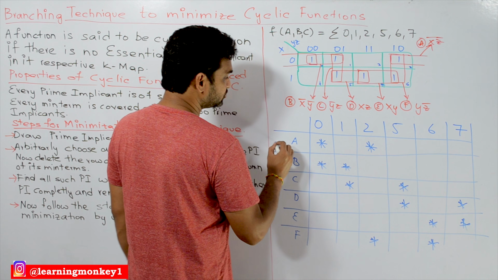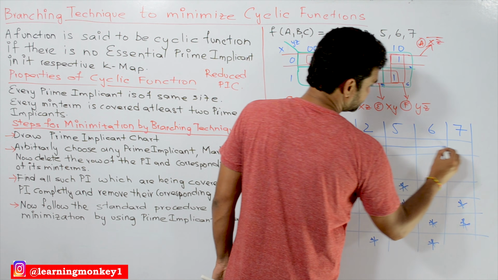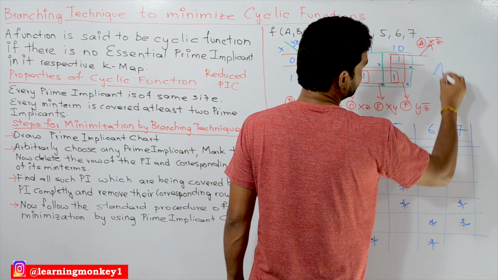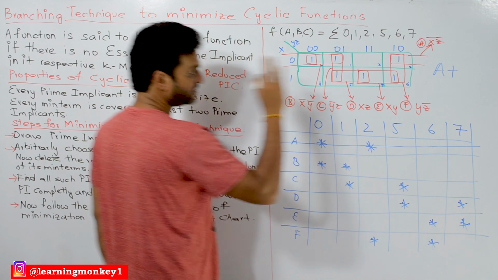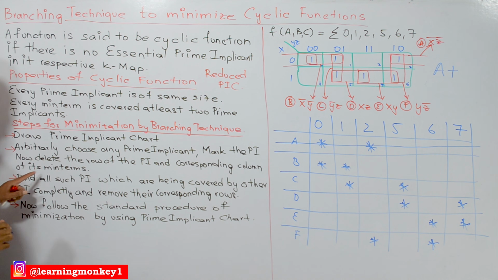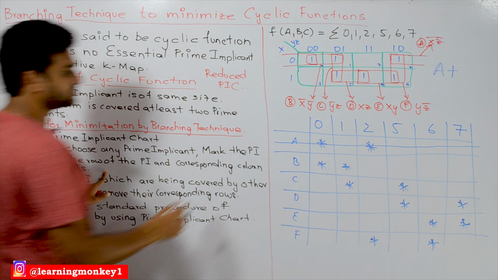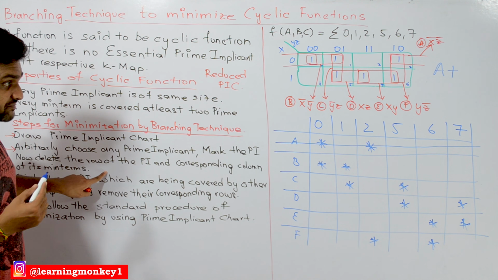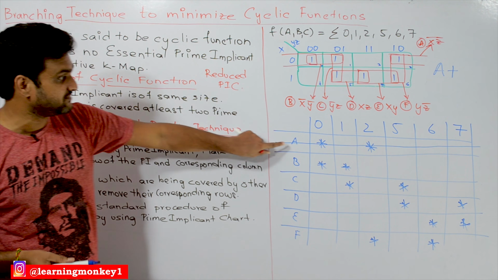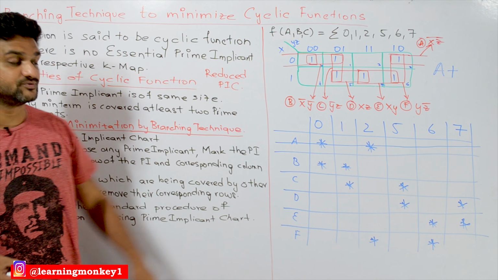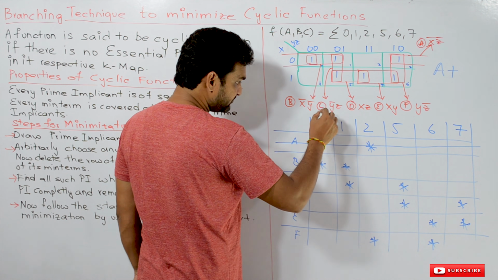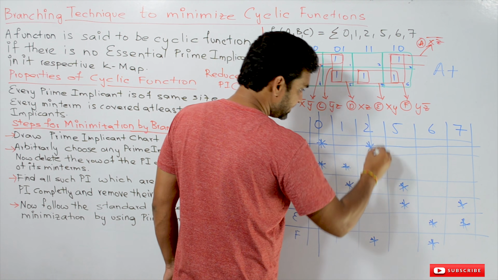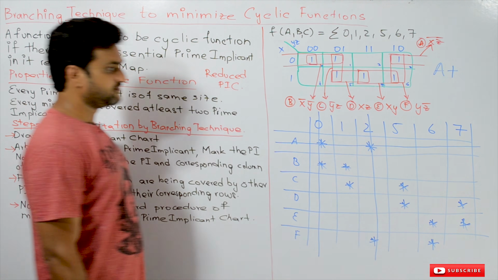So we are going to choose A. Whenever we choose a prime implicant, obviously it should be there in the solution, and now delete the row. So this row has been deleted, and the columns of the minterms covered by this prime implicant have to be deleted. What is covered? 0 is covered by A and 2 is covered by A. Those columns are to be removed.